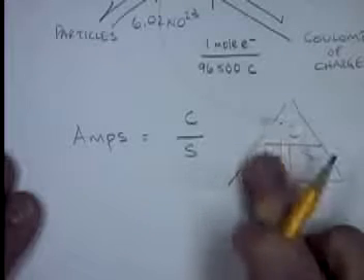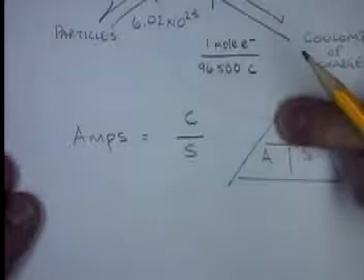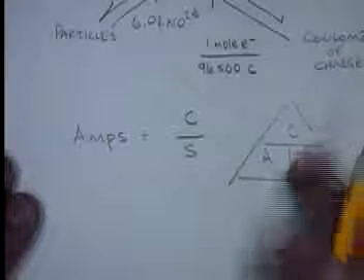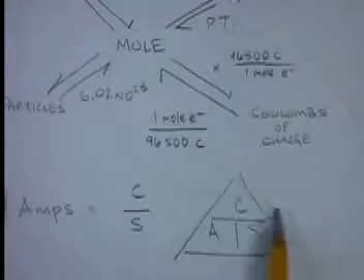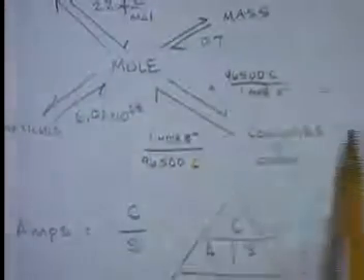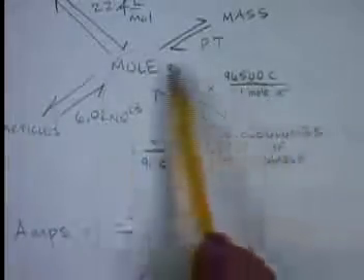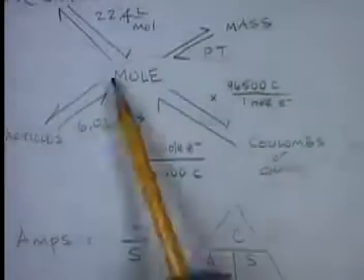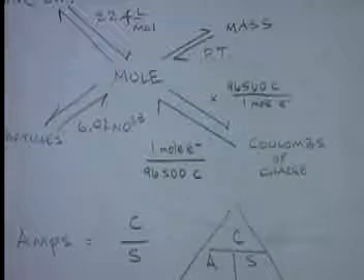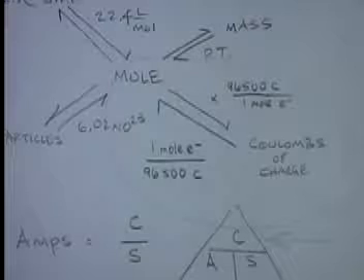Amperes is equal to coulombs per second. Coulombs would be equal to amperes times seconds. And of course, if you wanted to find time in seconds, it'd be coulombs divided by amps. So if you remember these two relationships, the coulomb, ampere, and second relationship, and also the 96,500 coulombs per mole of electrons relationship between amount of charge and moles, you should be able to do all of these quantitative, mathematical electrolysis sample problems.